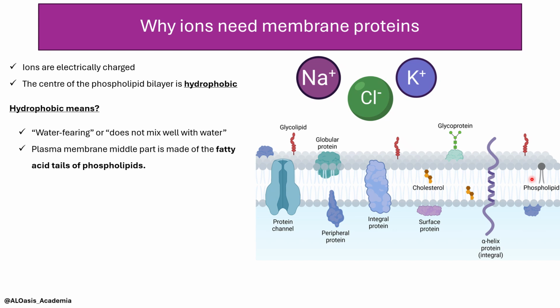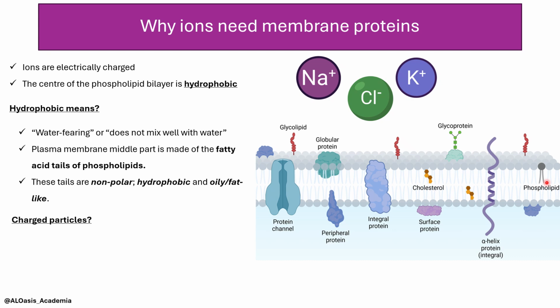We can see that the whole phospholipid bilayer is made up of these tails, which are considered to be nonpolar, hydrophobic, and oily or fat-like. So that's why the whole membrane is considered to be hydrophobic. It's because of the presence of these fatty acid tails that the whole membrane is water-fearing, it doesn't mix well with water.